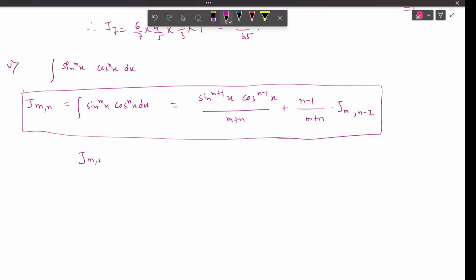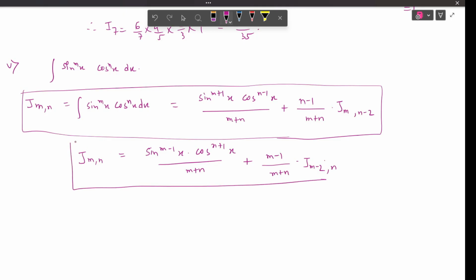Your J m comma n, you can write this as sine to the power m minus 1 x cos to the power n plus 1 x by m plus n plus m minus 1 by m plus n into J m minus 2 comma n. You can use this formula also.